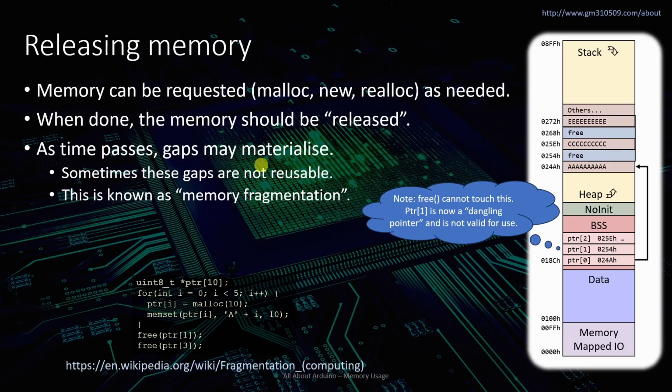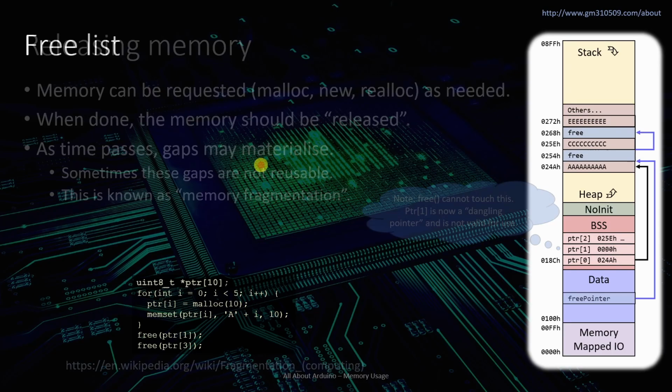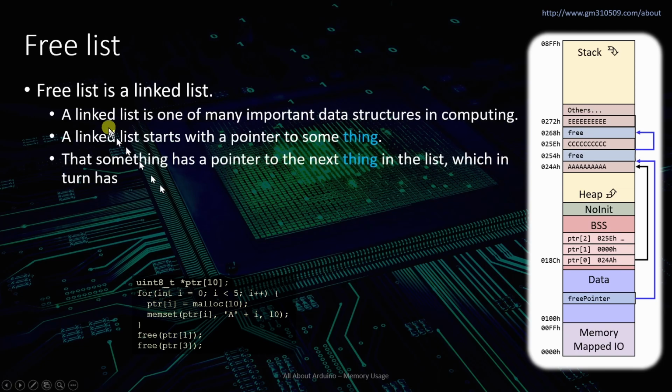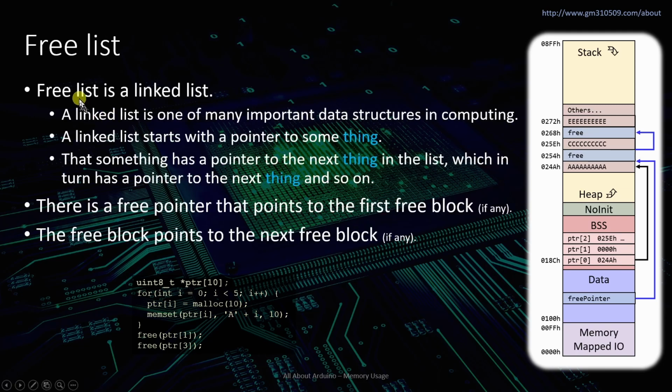So how does it track the free memory then? Well, it uses this thing called a free list. So a free list is a linked list. A linked list is an important structure in computing. It's used in all sorts of places, and this is just one example of it. And a linked list, as its name implies, is a list of things that are linked together.